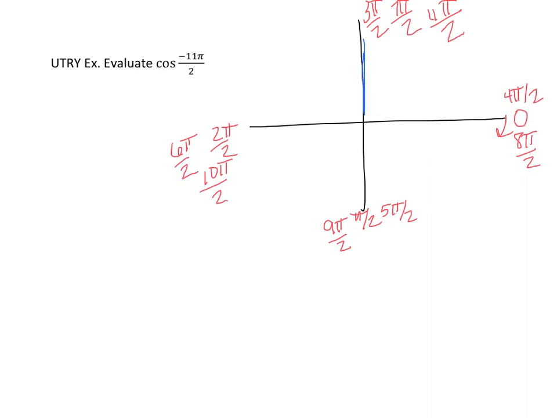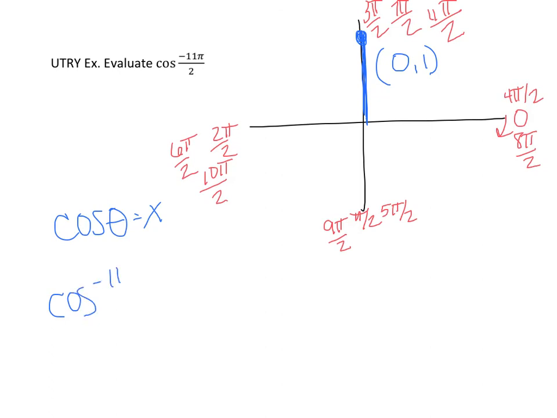So my angle ends up being right here. I'm going to put a point there. The coordinate point to go with that should be 0, 1. If I'm talking about cosine of an angle, I'm talking about the x-coordinate. So the cosine of negative 11 pi over 2 is equal to 0.